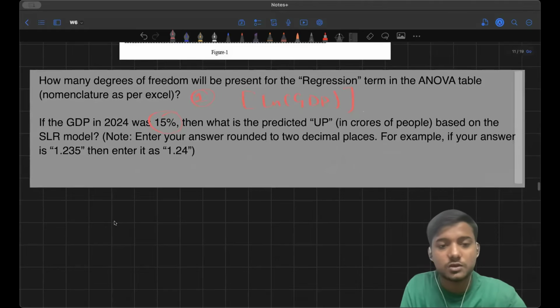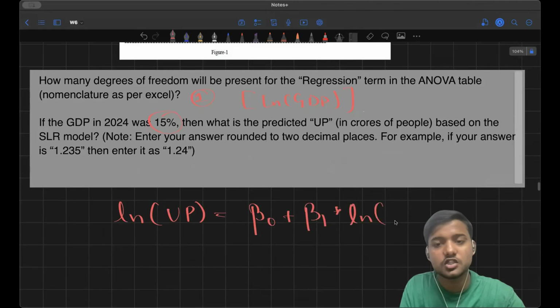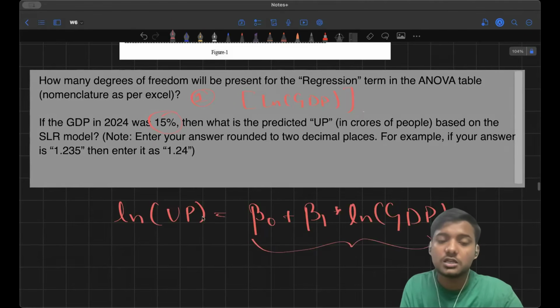So the equation is something like ln UP equals beta naught plus beta 1 times ln GDP. So this is what you have. Whatever you get from this side is not going to be the UP. It is going to be the log of UP. So that is why you need to be a little cautious here.